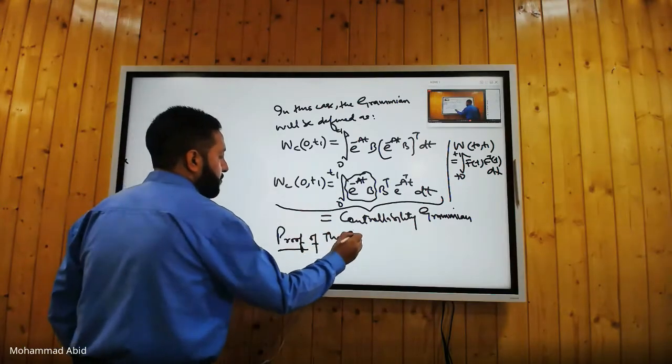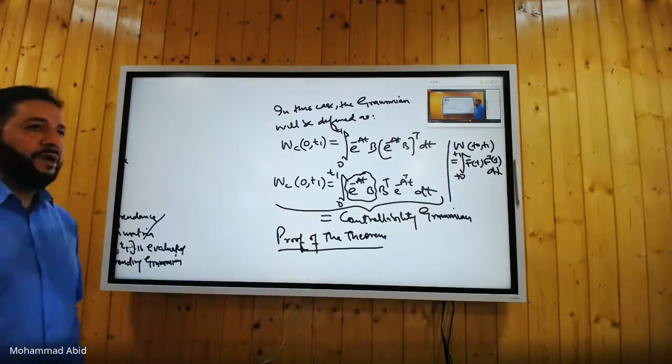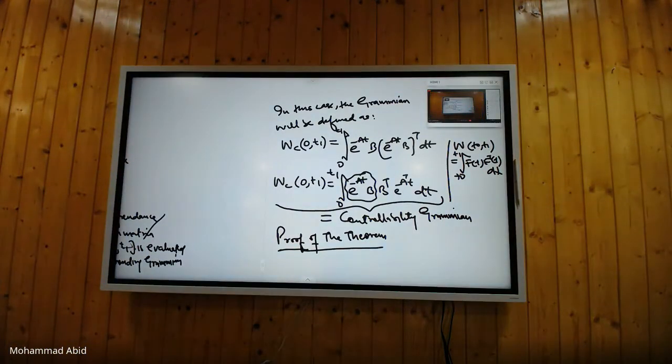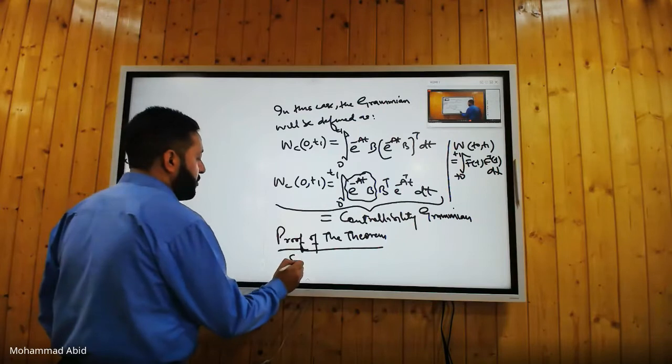Now we will go for the proof of the theorem, because now we already know what the controllability Gramian is. First we will take, because we have to prove the necessary and sufficient condition, first we will prove the sufficiency.